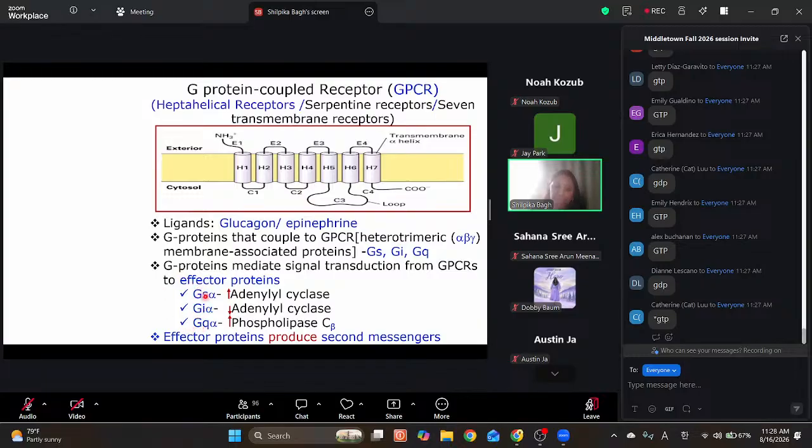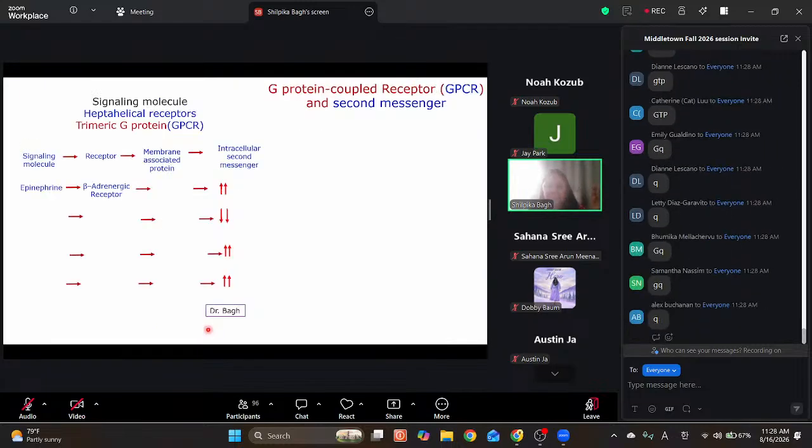When they activate GS, GI, or GQ, those are active when bound to GTP. Also, when they are active, what protein do they activate? For example, I asked you GS or GQ, which when active will activate protein kinase C. GQ. So you have to be specific in that flow.